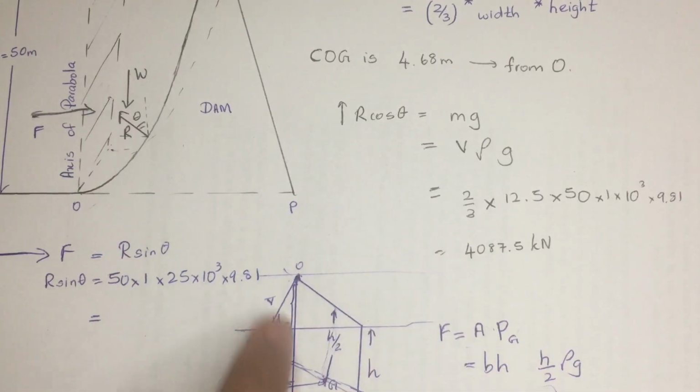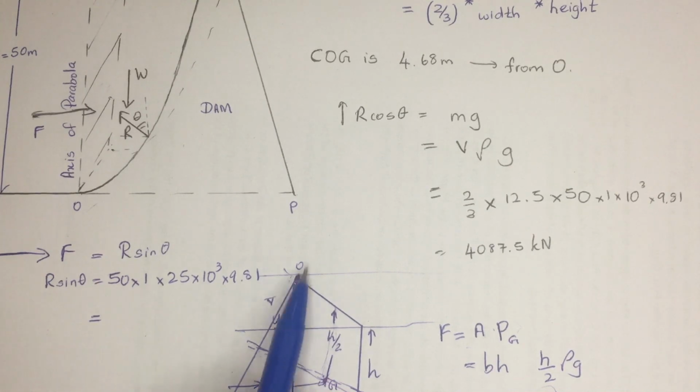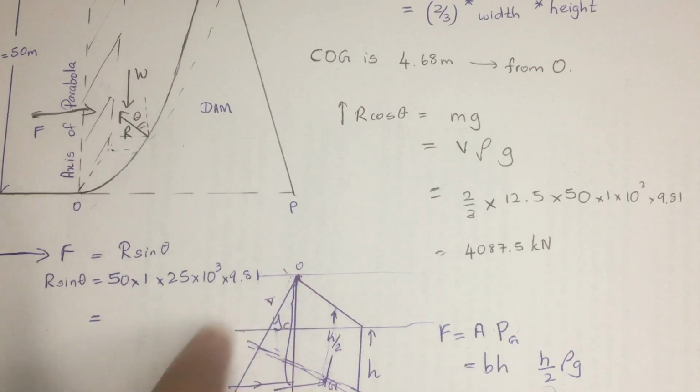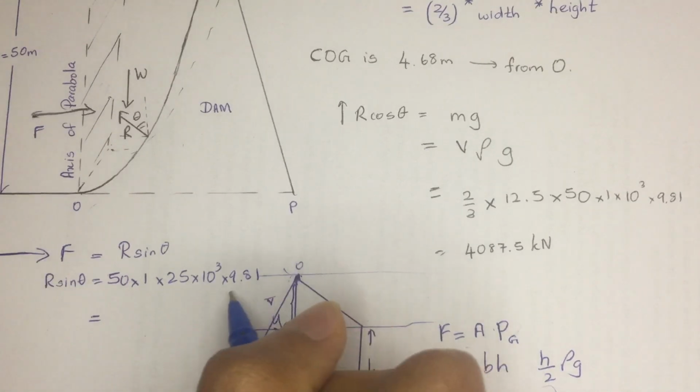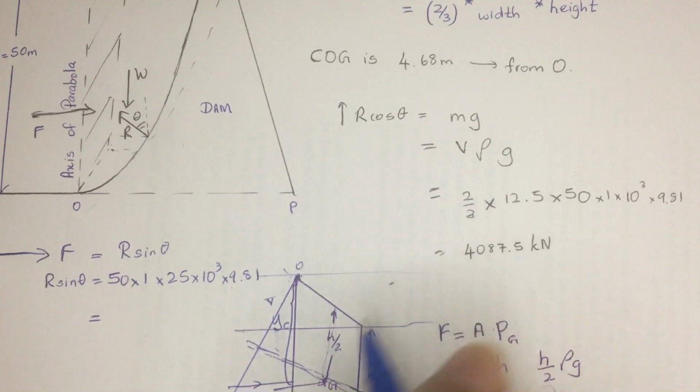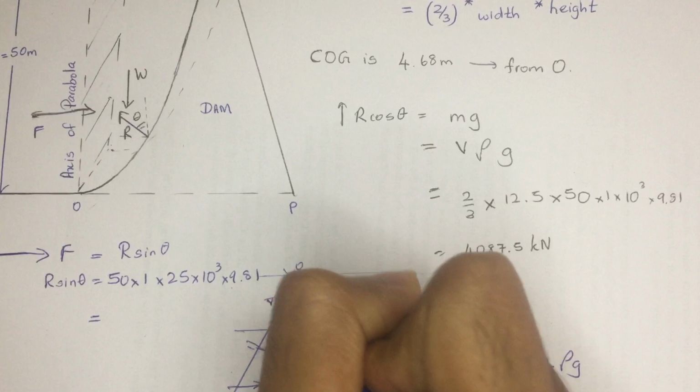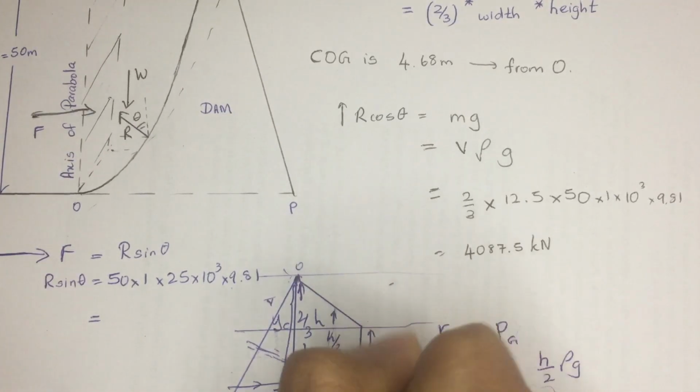YC would be, since the force gradually increases, like a triangle, the total force of that triangle acts at the center of gravity of the triangle, which means 2 by 3 h. If it's h, it's going to be 2 by 3 h, like a triangle.